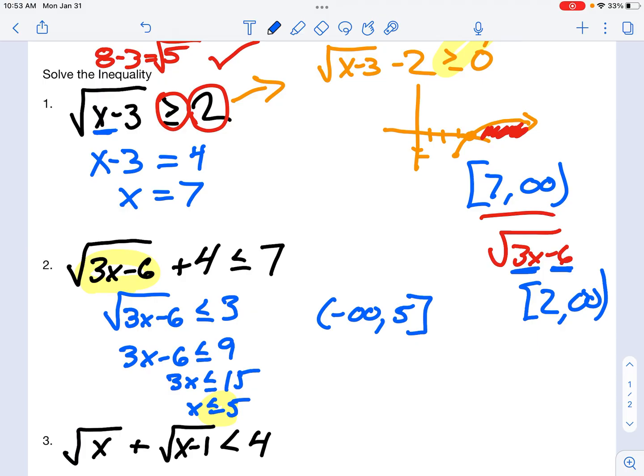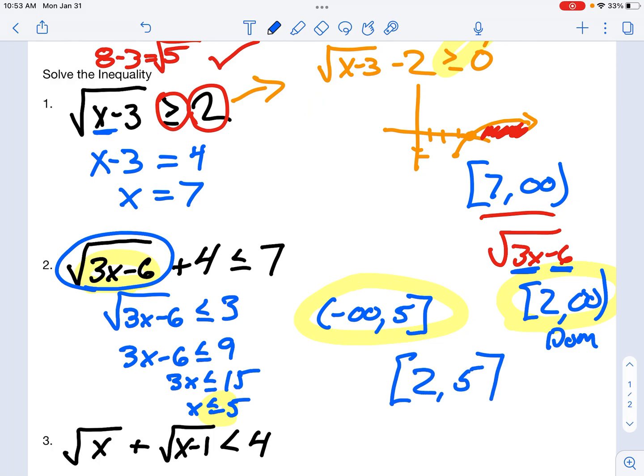And so therefore, this is my domain for this portion of the original inequality. So if I cross-reference the two statements here and here, this tells me that my solution set must go from 2 to 5. And I can be equal to those.